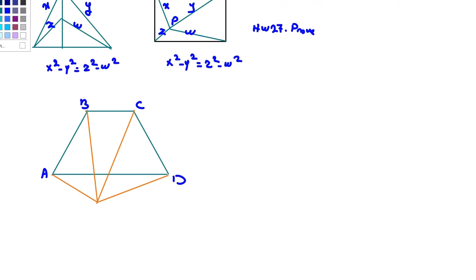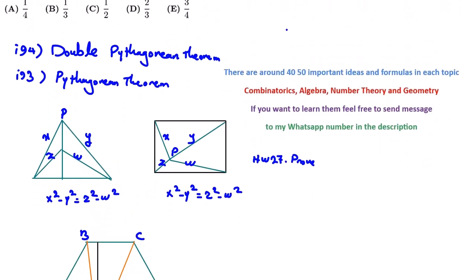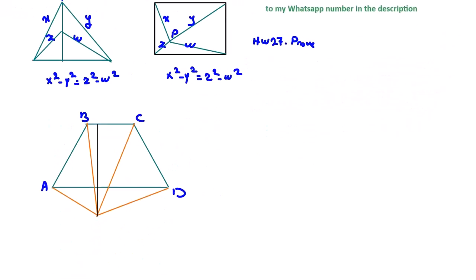Now I draw a perpendicular from P. When we have a trapezoid, one useful idea, idea 94: when you have a trapezoid, especially an isosceles trapezoid, draw the altitude. It's so much help. Here we draw the altitude of this isosceles trapezoid. And then I draw this perpendicular to use the double Pythagorean theorem.